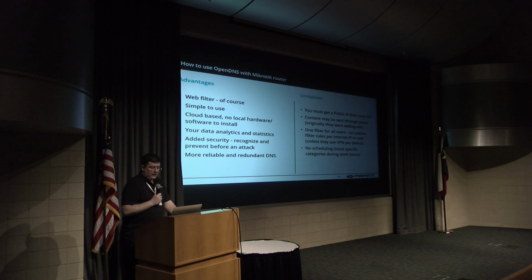Limitation: you must get a public IP address from your ISP. Now, as there's a shortage of IPv4, we see more and more private IP addresses assigned to end users.